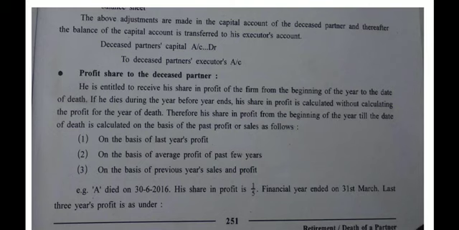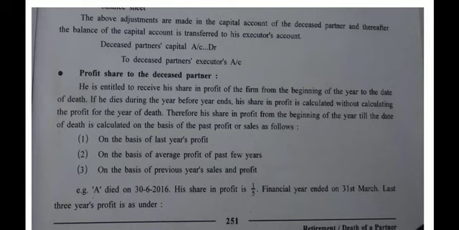So during that year in between, if a partner meets death, his share in profit is calculated without calculating the profit for the year of death. Therefore, his share in profit from the beginning of the year till the date of death is calculated on the basis of the past profit or sales as follows.